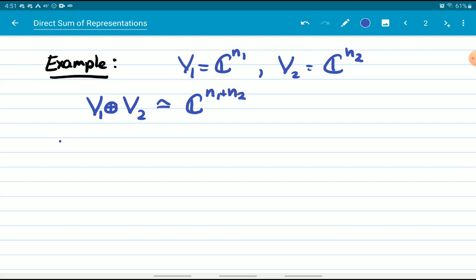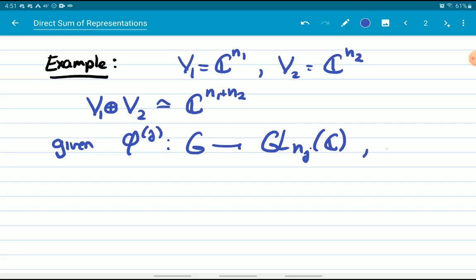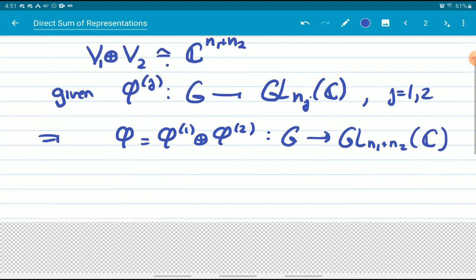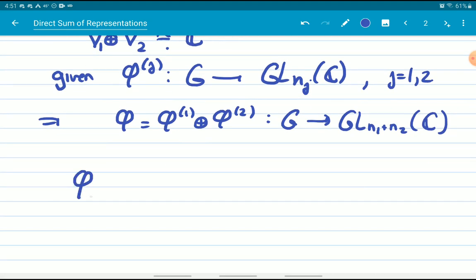So now if I have two different representations, let's call them phi j, going from G to GL n_j of C, j is either 1 or 2, then I can produce a new representation, which will be the direct sum representation. And because of this identification, that's going to go to GL n_1 plus n_2 of C. And if you write it out, what you get is a block matrix decomposition.